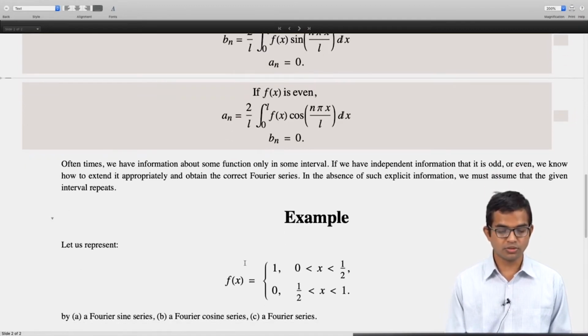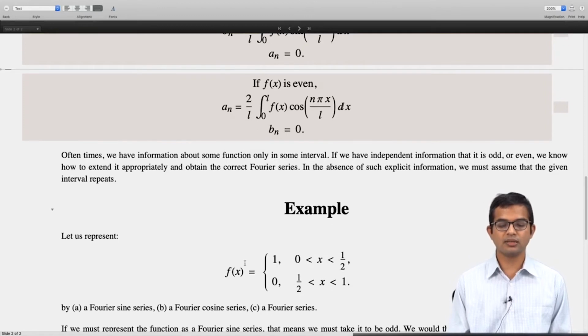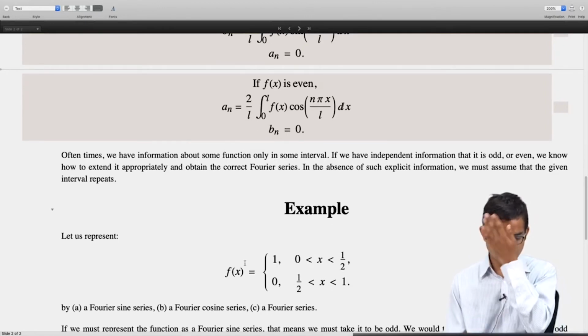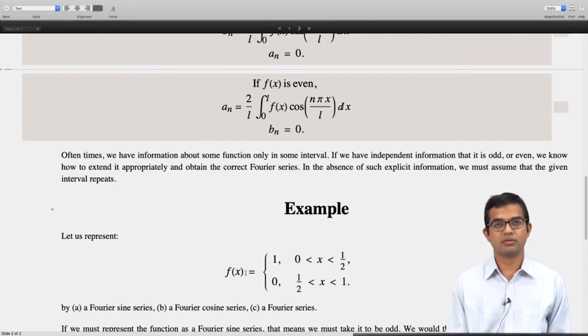Now, if you are asked to extend this function such that you should be able to give a Fourier sine series for this, then you would extend it in a certain way, such that it's going to be an odd function. Whereas if you want a Fourier cosine series to represent its extension, then you would extend it such that it's an even function.